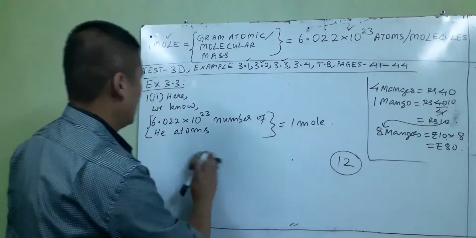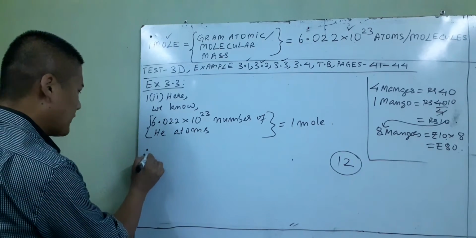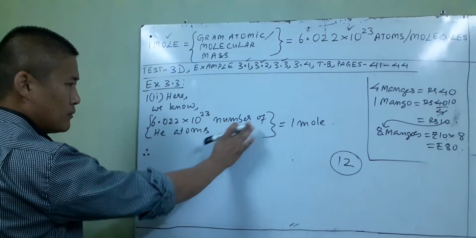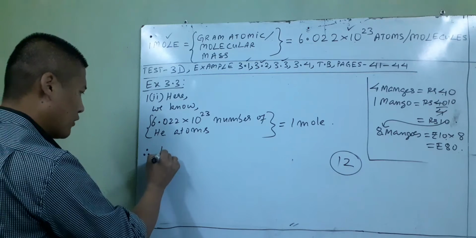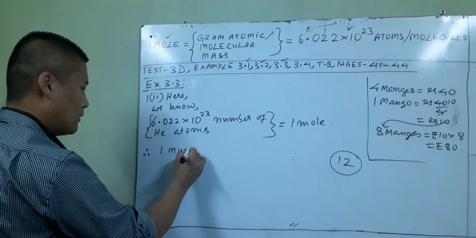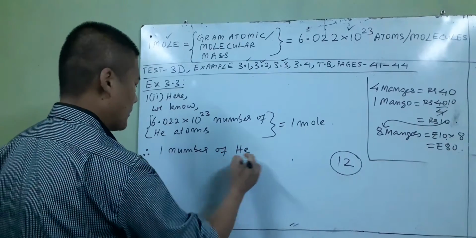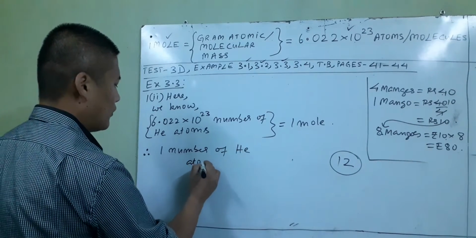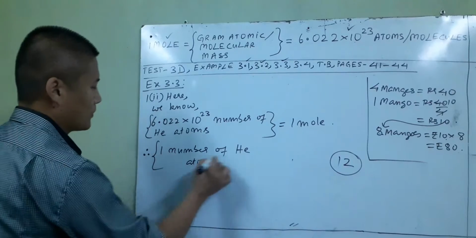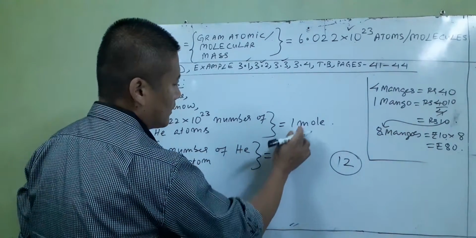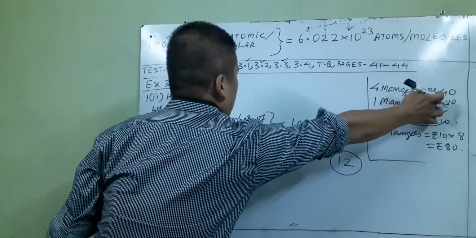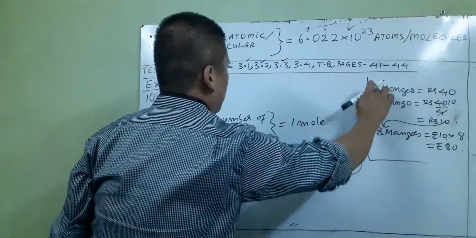Right, so here, again mango method. So let us find out for so many atoms, 1 mole. So how about 1 atom? 1 number of helium atom. Just like you did for 1 mango, right by left.